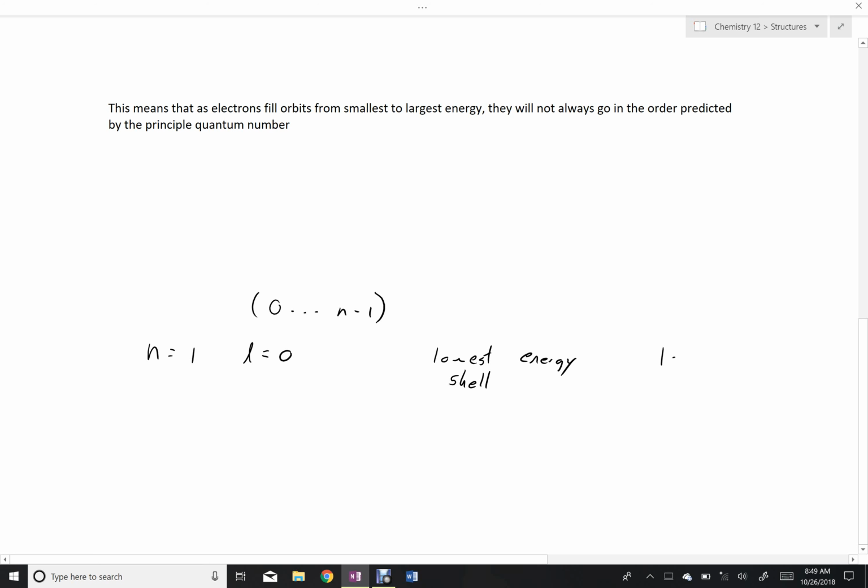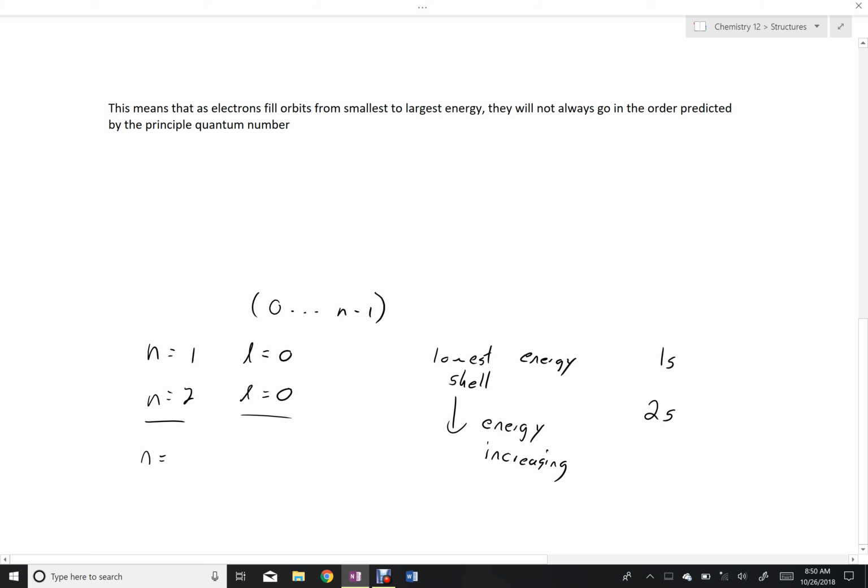Our other notation for this is the 1s shell. That is the lowest. And if we go n equals 2, L equals 0, that is the second lowest. It has a bigger size, but it doesn't have any spinning energy, so that is our second lowest energy, 2s.